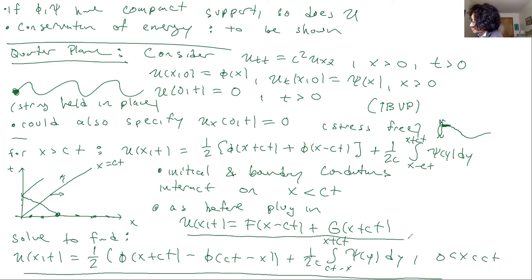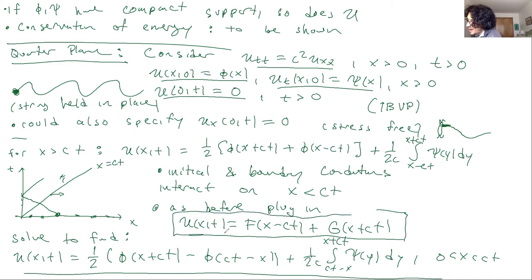We have our initial values, and we have a boundary value. We've gotten this solution by knowing that we're trying to solve this PDE. So if we plug it into the PDE, we just get back that, yes, this solution works. So in order to specify f and g, you have to plug into your initial and boundary conditions. So let's go ahead and do that.